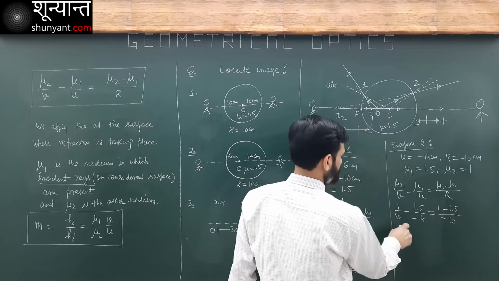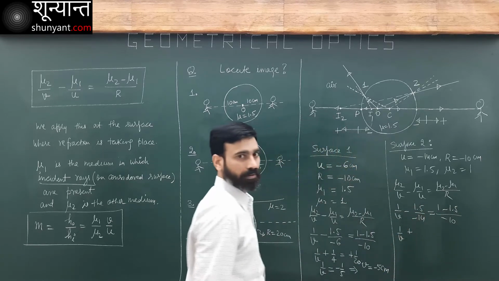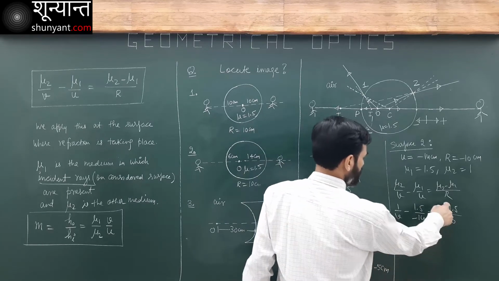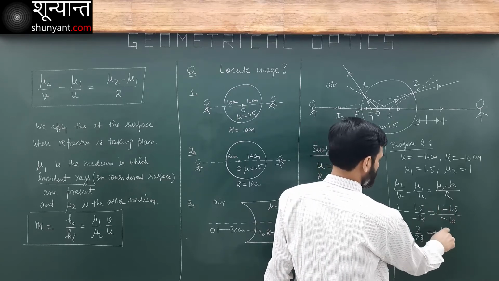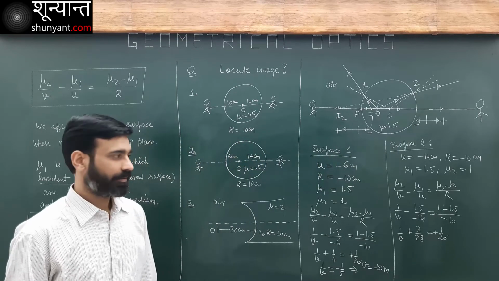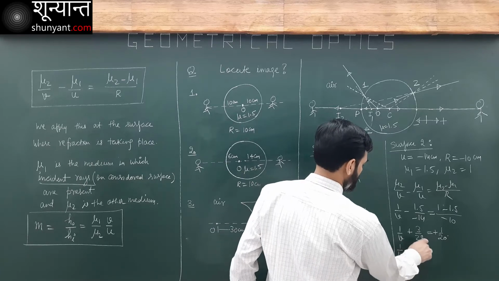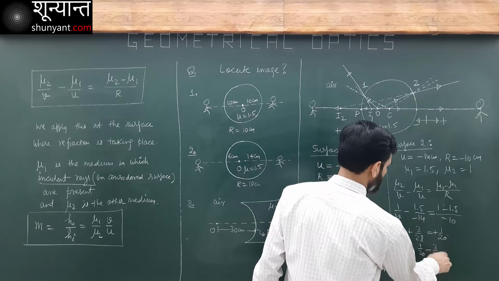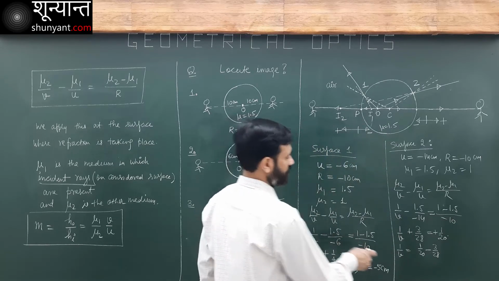This becomes 1 over V plus 3 over 28, which is minus half over minus 10, so plus 1 over 20. 1 over V is 1 over 20 minus 3 over 28. I'm going to get some negative value. Whatever it is, we have to figure out.